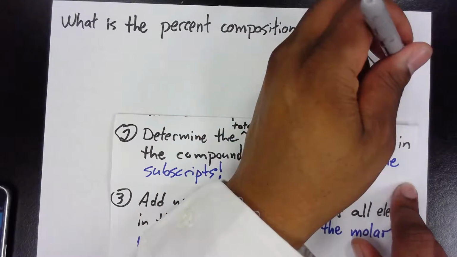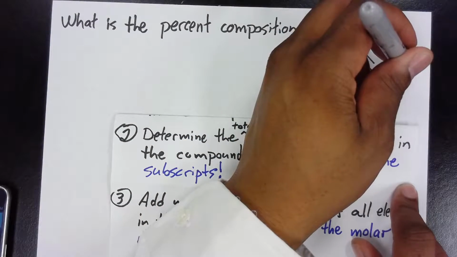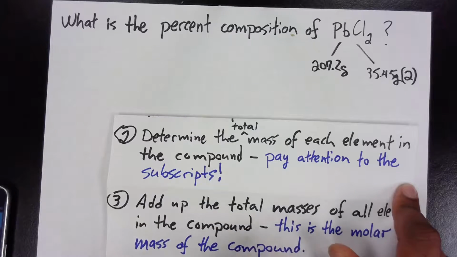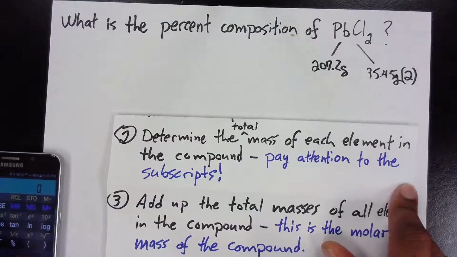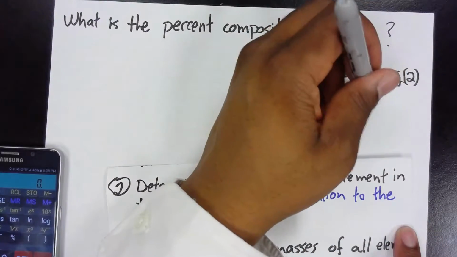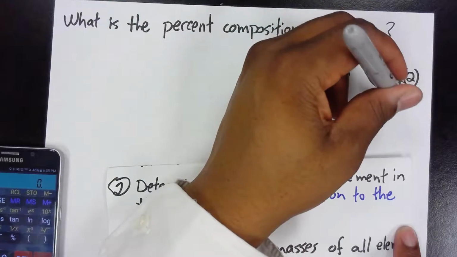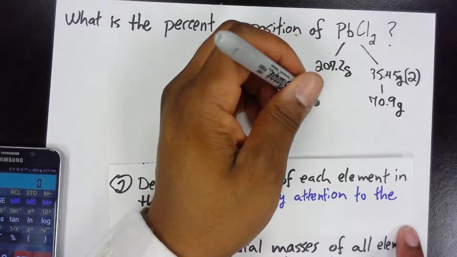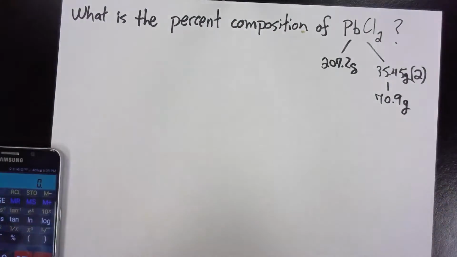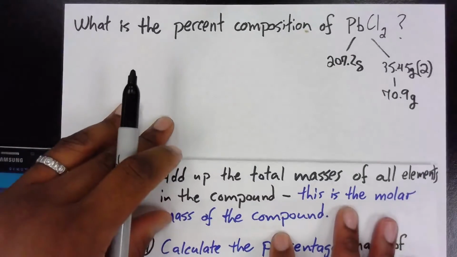So I'm going to multiply the molar mass of chlorine by 2. And so that 35.45 times 2 is going to give me 70.9 grams of chlorine.